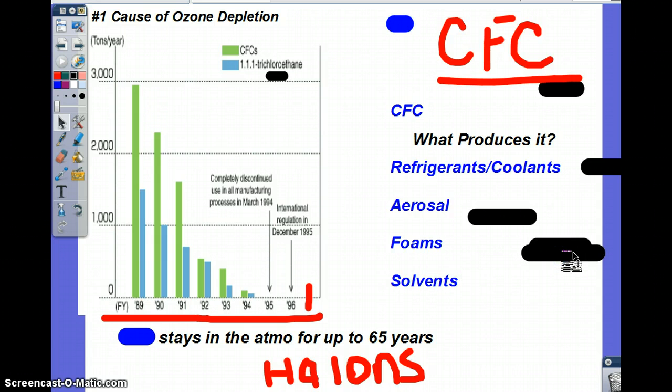And solvents have CFCs. So our biggest problem with CFCs today is still in the cooling systems, okay? But completely banned from aerosol cans. No aerosol can produced contains CFCs. You'll see a triangle that says CFC friendly or ozone friendly.